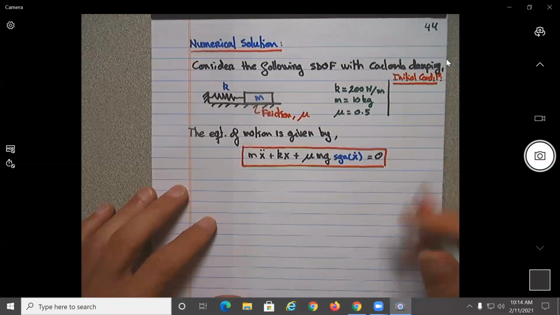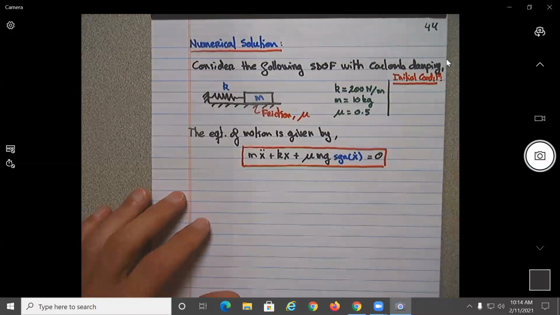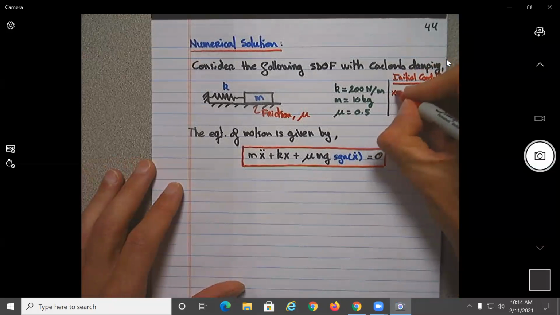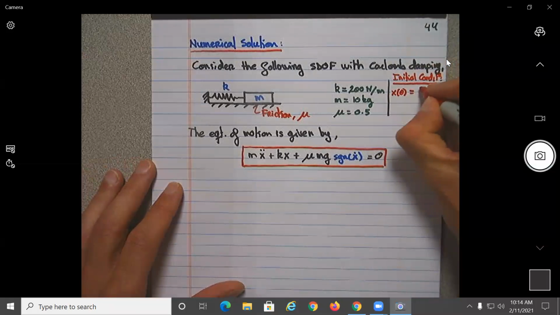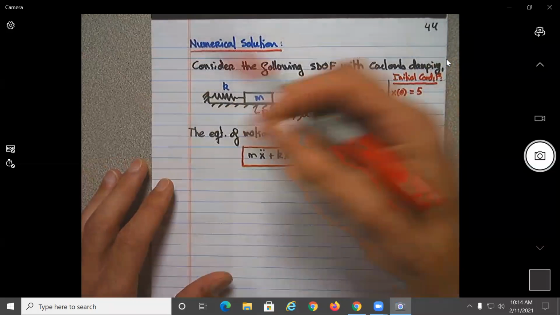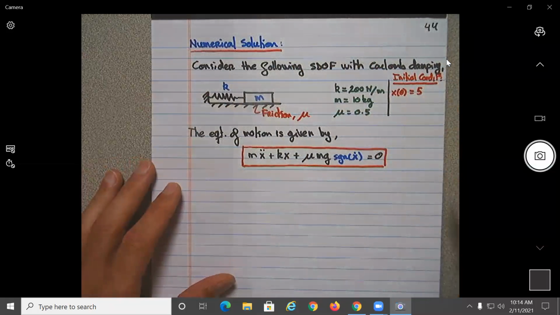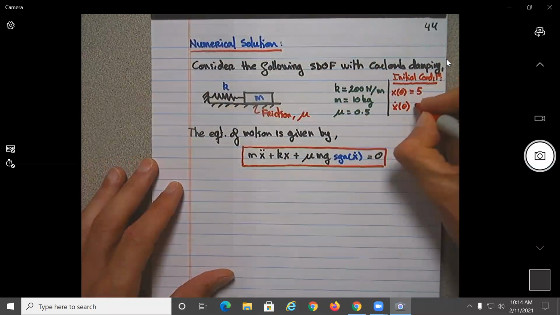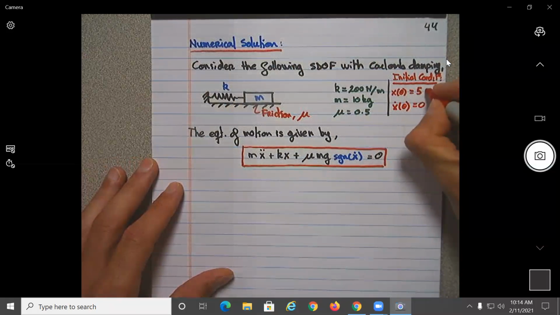Instead of solving for the constants, we need to tell the solution to start from a certain point. We say that at t equals 0, x will be at 5 meters, so we put it 5 meters here before we release it. And at the time that we release it, let's say the velocity will be 0.